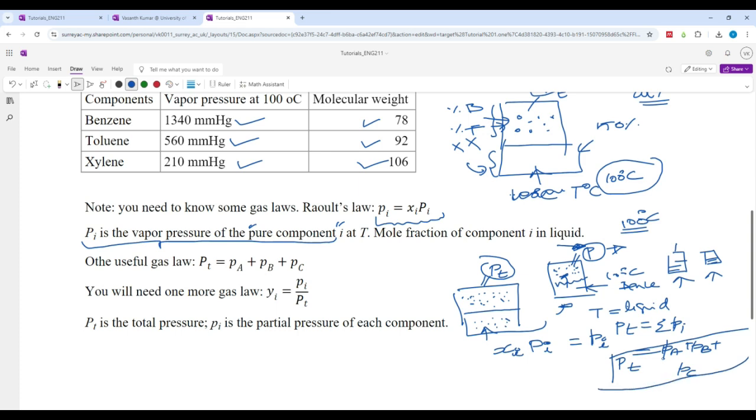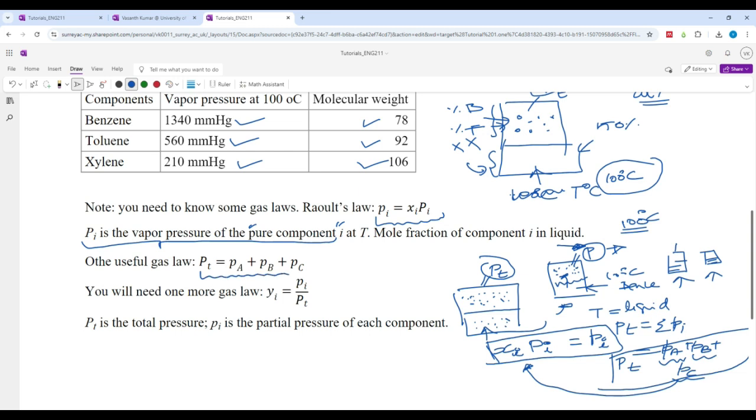We know that P_T is the sum of all these three. So how do we get these partial pressures p_B, p_C? This is something we can get using Raoult's law. Raoult's law applies if the solution or the system is in ideal conditions, or an ideal solution. That should be okay for the moment.